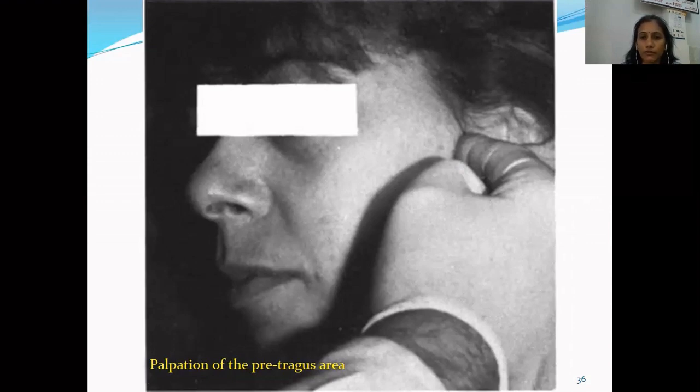Once you place your fingers, ask the patient to open and close the mouth. When you are examining with this method, always stand in front of the patient, and check for the mouth opening, whether any clicking sound is audible, and any deviation of the mouth. All these things you should evaluate in extraauricular palpation.